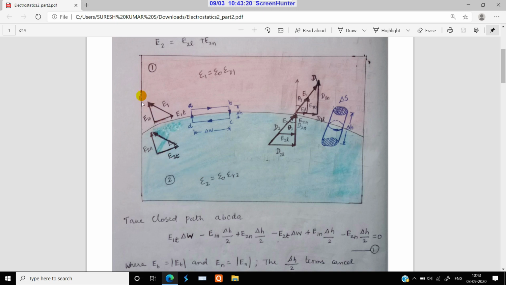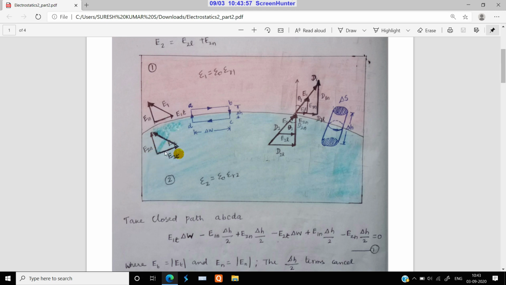Here we are going to apply the field in this direction, that is the direction of the electric field, where we are moving our cursor. This electric field is drawn with the vectors E1 and E2, and E1 and E2 are going to be segregated into two components: one normal, another tangential component across the border of this particular dielectric medium.